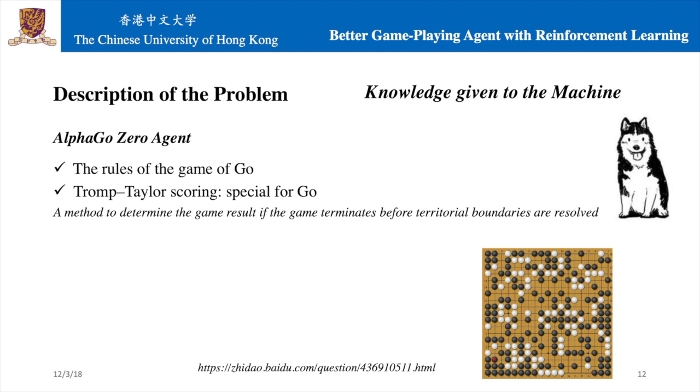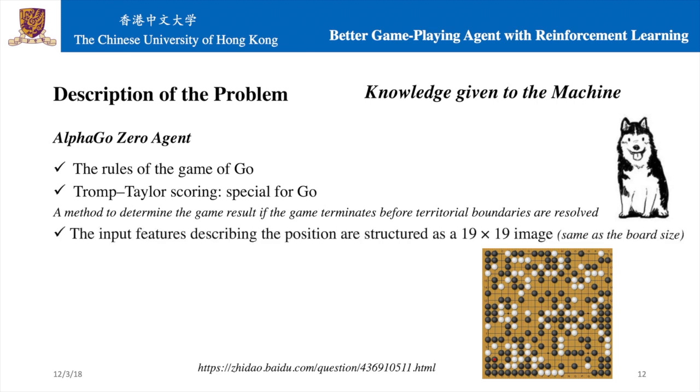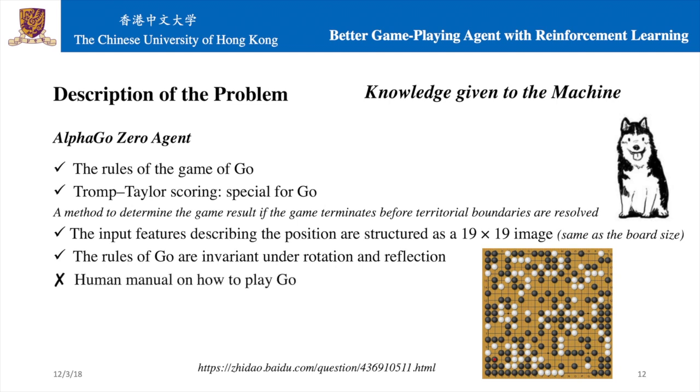This is very special for the game of Go because in some games, at the end of the game, territories may not have been formed, so we need a special scoring function to determine the winner, and we do not need this for tic-tac-toe. The input features describing the board position are structured as a 19 by 19 image, and also the machine knows the rules of Go are invariant under rotation and reflection. The most important point is that no human manual on how to play Go is given to the machine.